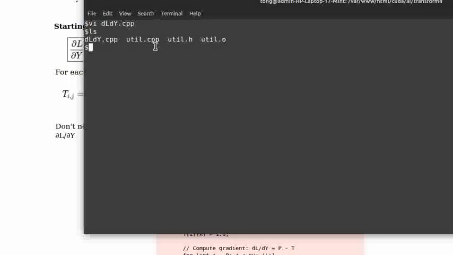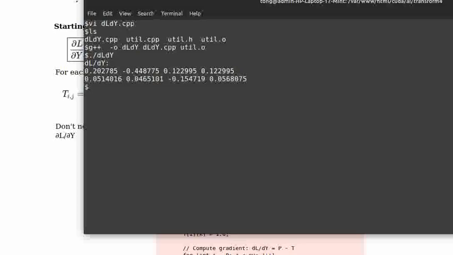So we can say g++ -o dl dy, and link this with the utility, and this prints out the dL dY matrix.